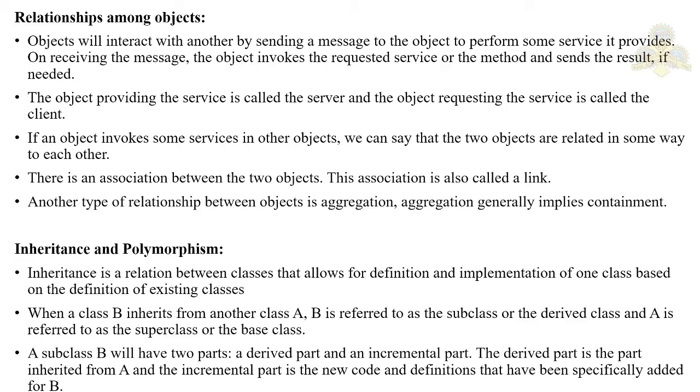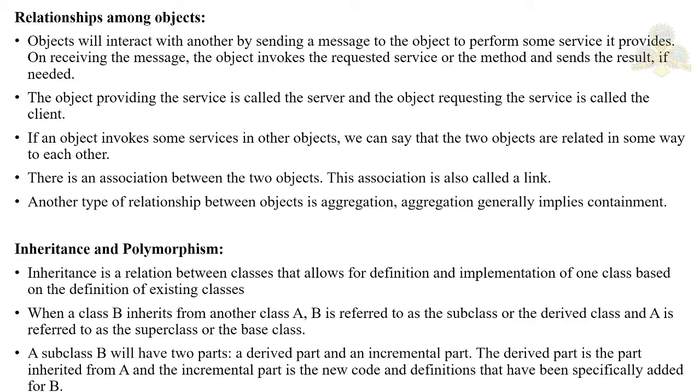We have two parts here, one is client and the other is server. The client is an object that will send the request to the server, and the server is an object that will provide service to its client. If an object invokes some services in other objects, we can say that the two objects are related in some way to each other.